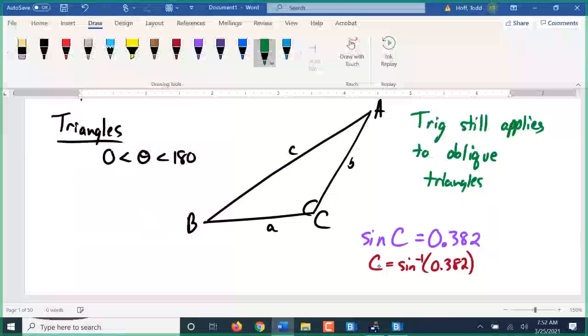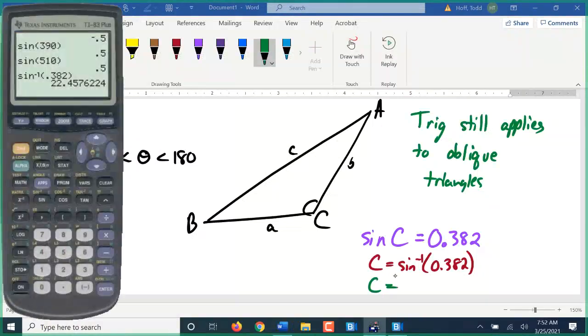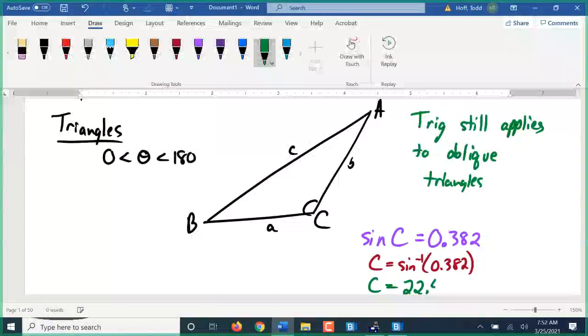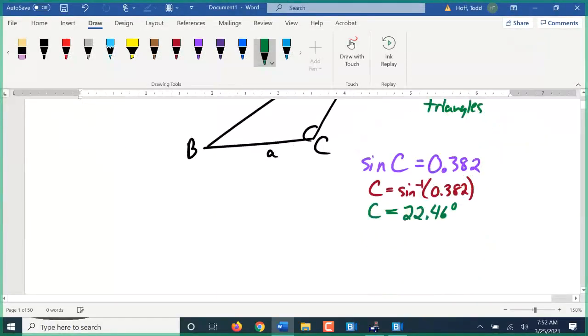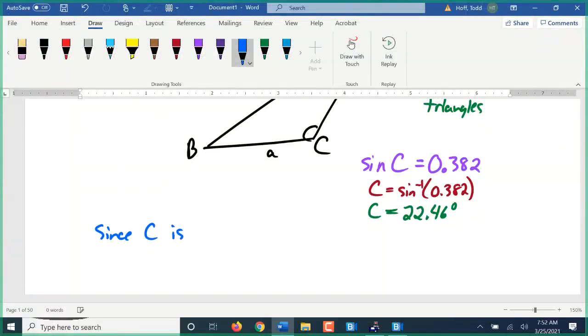Well, obviously, that is not 22.46 degrees. It's an obtuse angle. So since C is obtuse, we know two things.